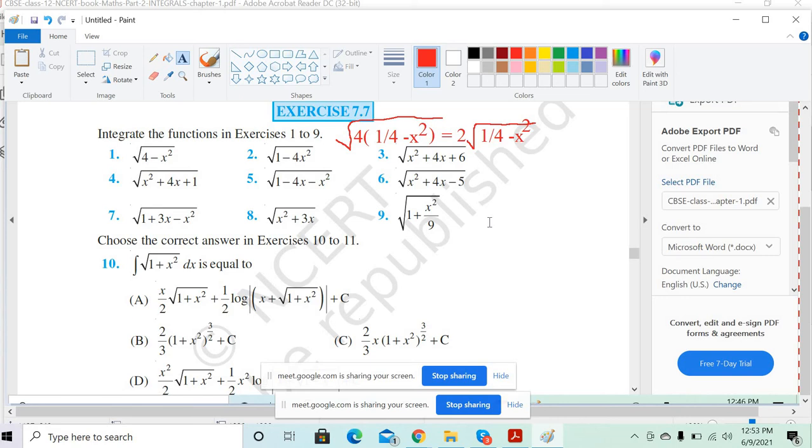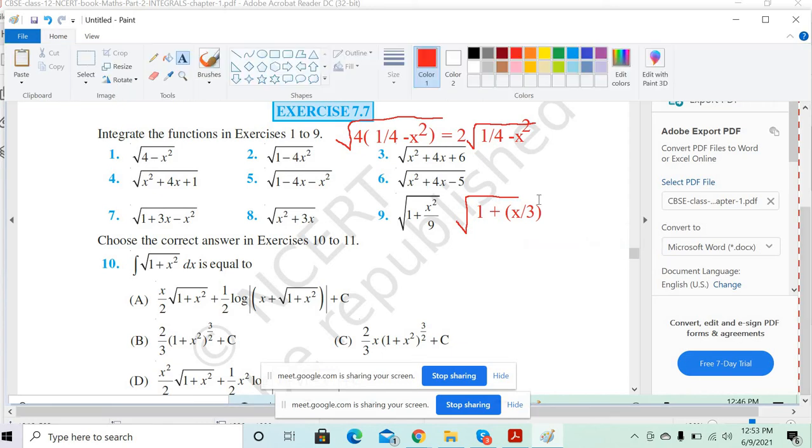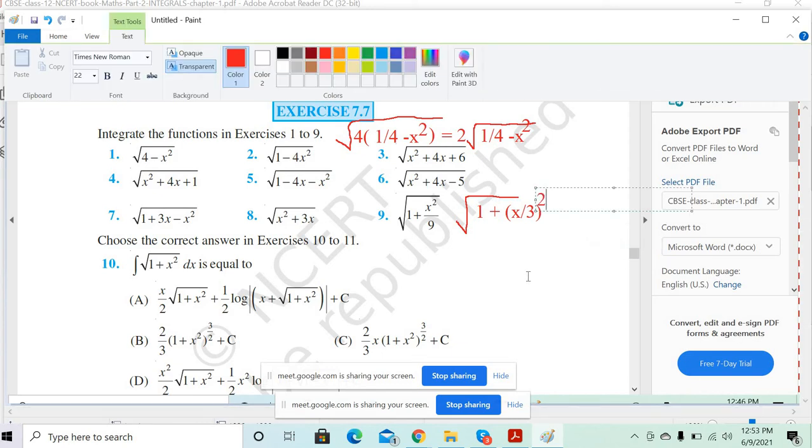Okay, sir. Your method should work properly here also. So 1 plus whole x by 3 whole square. This is what your method also told us.